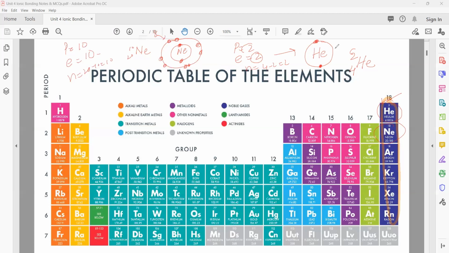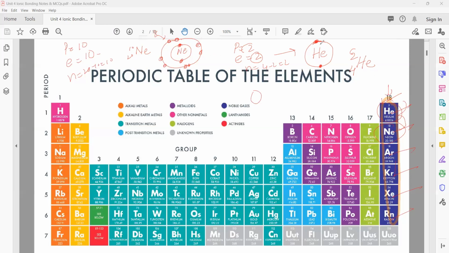If you see all the noble gases, helium, neon, argon, krypton, xenon, radon, all of them, if you draw their structure, their last shell will be complete. If the first shell is the last shell, it has 2. If the second shell is the last shell, it has 8. So all of them have their last shell complete, so they are known as noble gases.